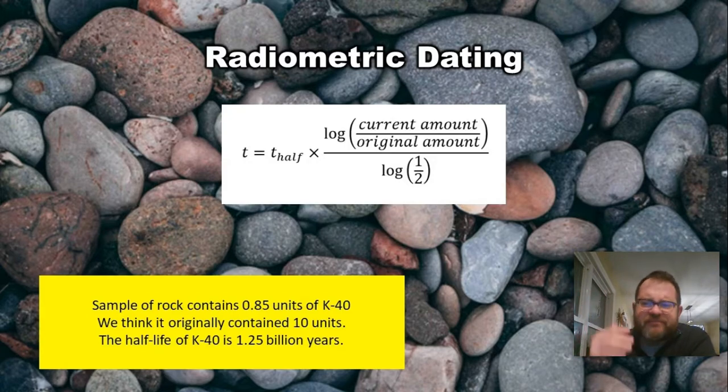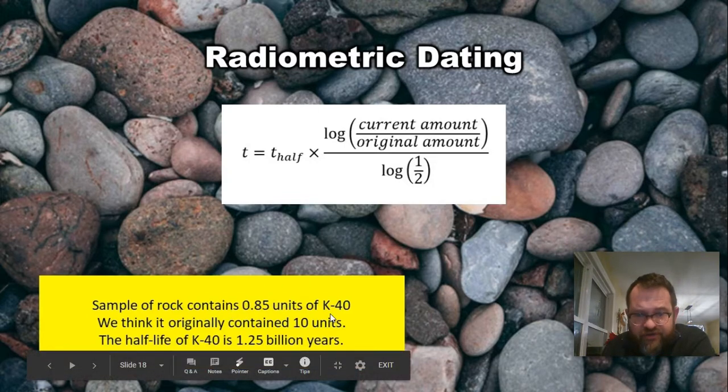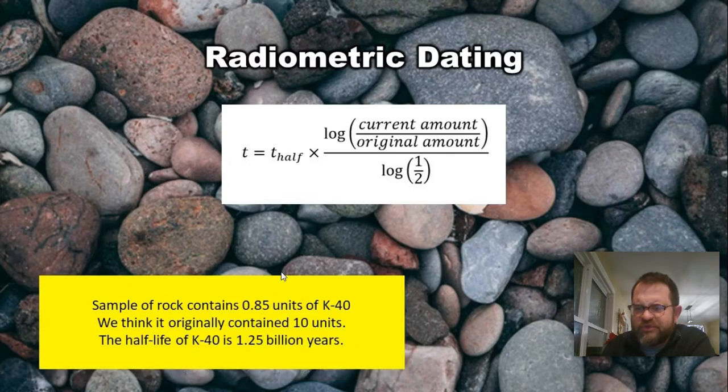Maybe the units are grams or something like that. It doesn't really matter. The only place the argon 40 came from was the potassium 40, so we know pretty well how much potassium 40 there is and how much there was at the beginning. And we plug in the half-life of potassium 40, which is well known to be 1.25 billion years.